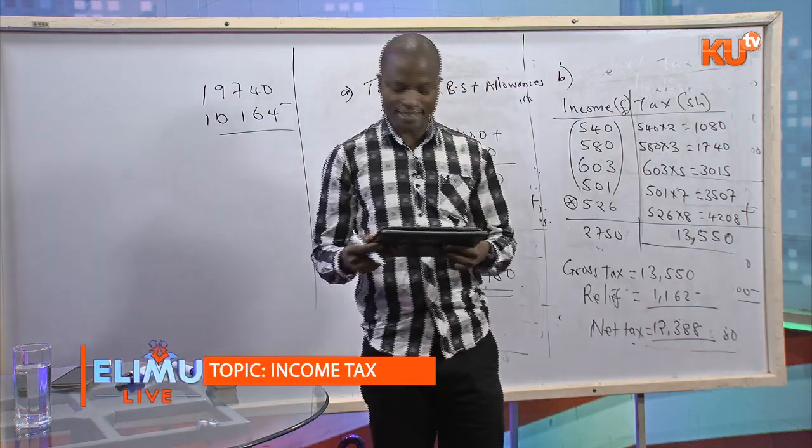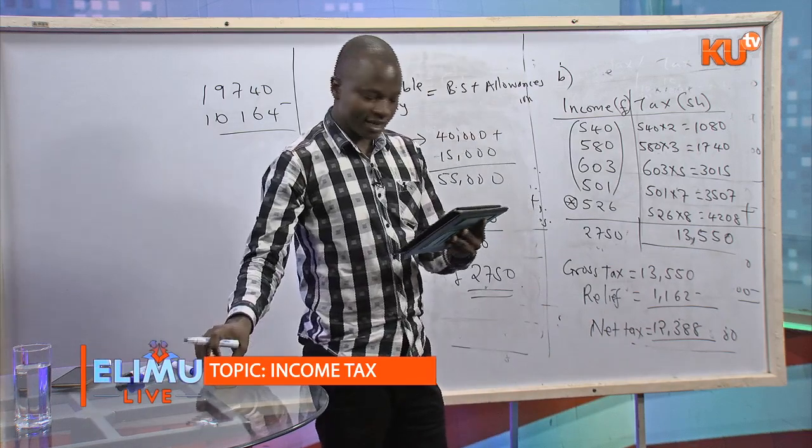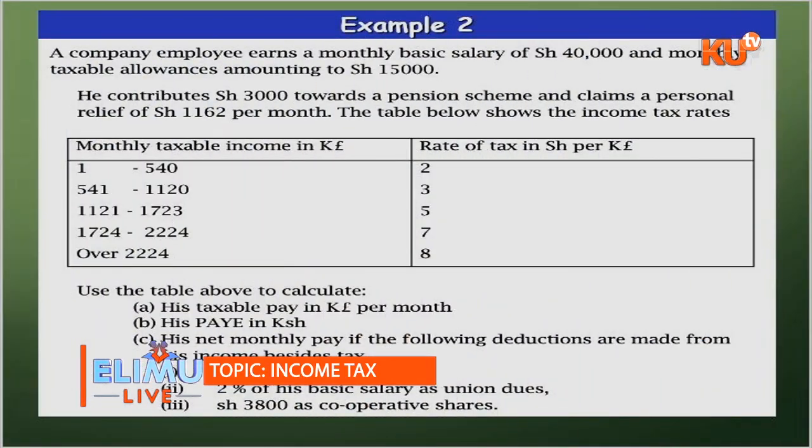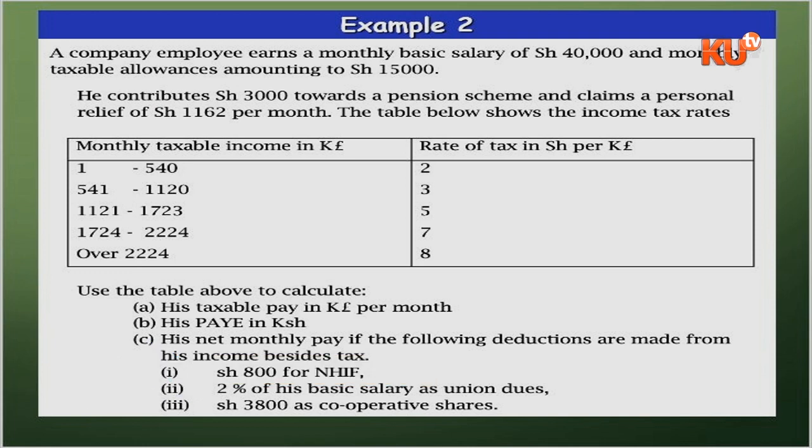Now lastly, part C, we want his net income or his net monthly pay if those deductions are also made from his salary. We want to get his net pay.